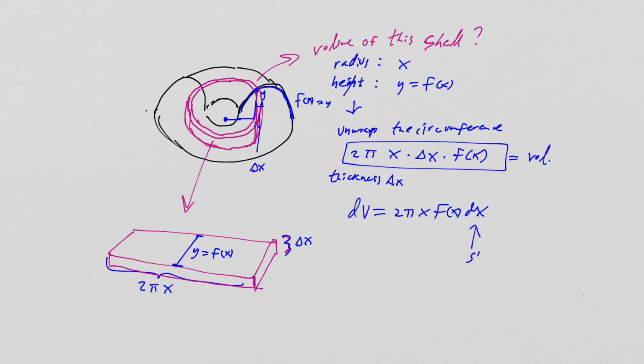So that's a small thickness. And that is a small volume. And of course, if we have an a and then a b, we know how to integrate it.